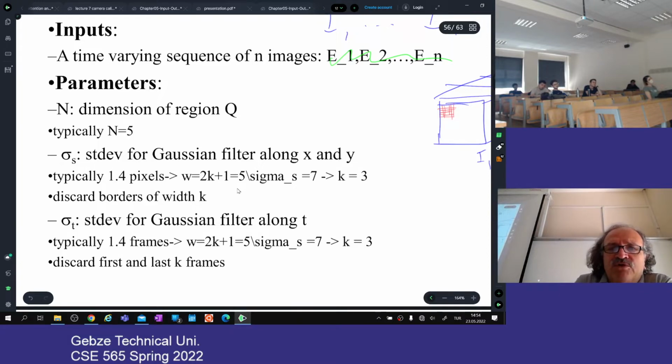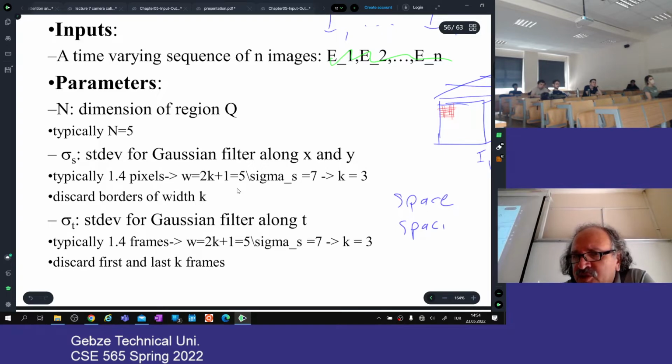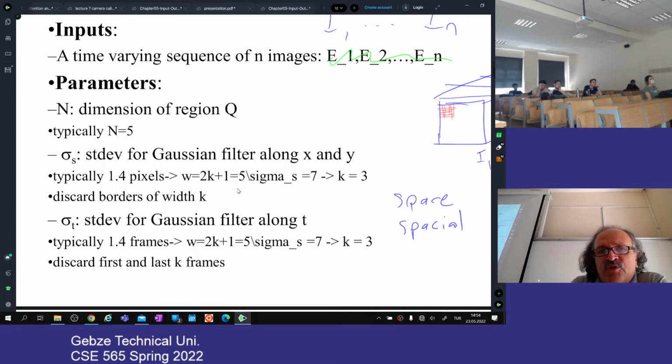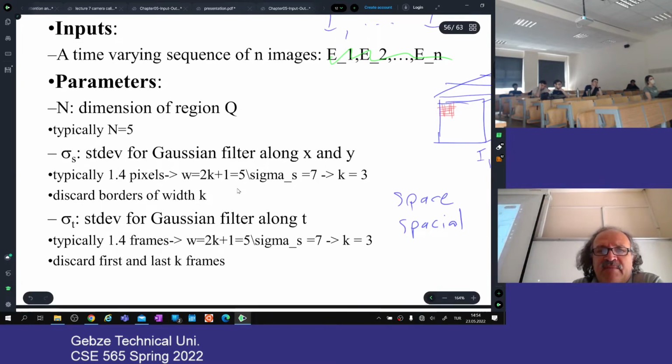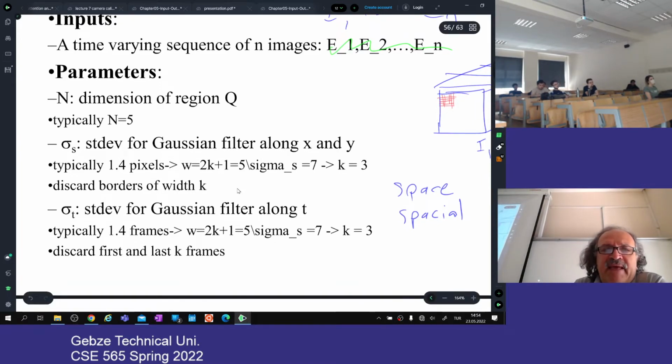S is for spatial. It comes from the space. So this is space, this is spatial smoothing. Sigma s for space. For each image, I am going to use this sigma s to smooth our image.